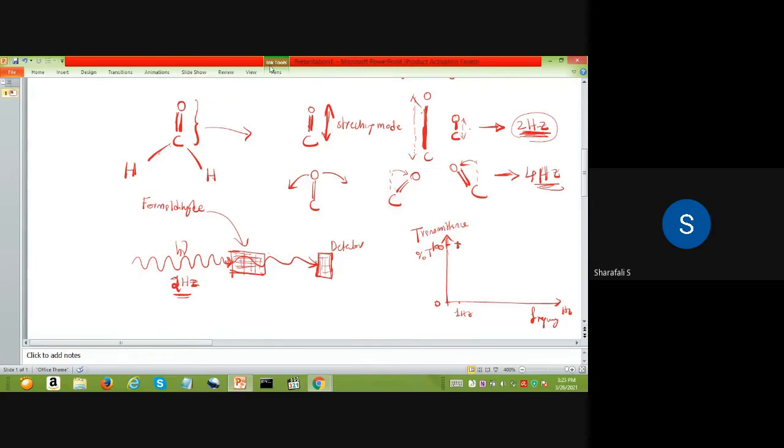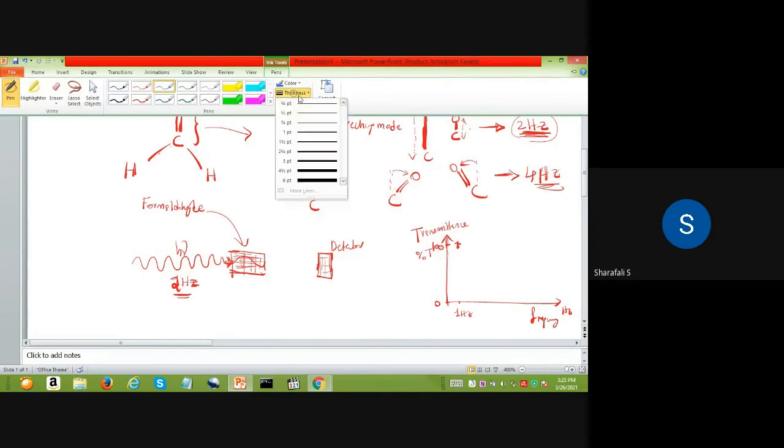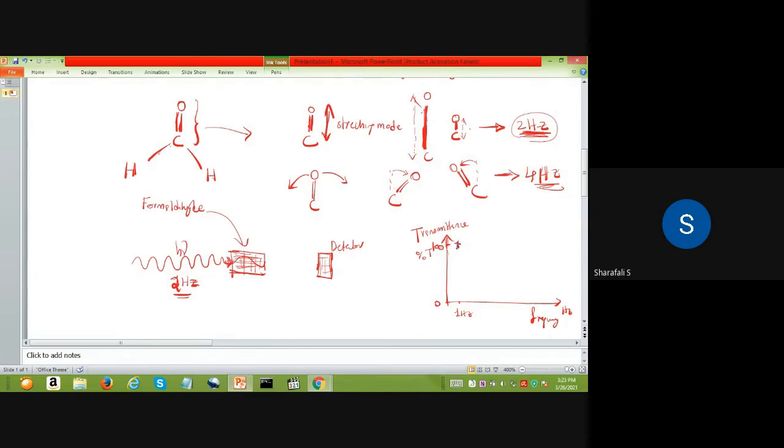At that time, we will not get any output at the detector. So that means your graph will be like this, so this is your first case, then your second case will be, for example, no radiation coming. In that case, you will be getting a 0 here. So if this is your 2 hertz frequency, then you'll have 0 transmittance because all the radiation will be absorbed.